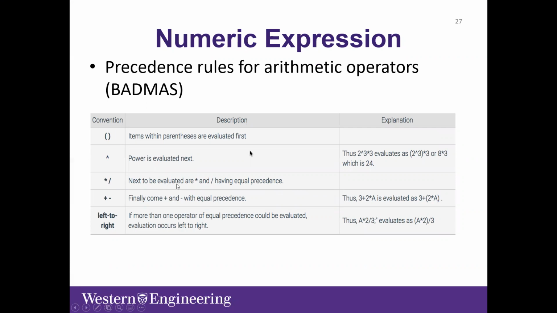Next to be evaluated are star and division having equal precedence, plus and minus having equal precedence. They work left to right. For example, a times 2 divided by 3 will be a times 2, then divide it by 3. If we see here 3 plus 2 times a, it will do 3 plus 2 times a.